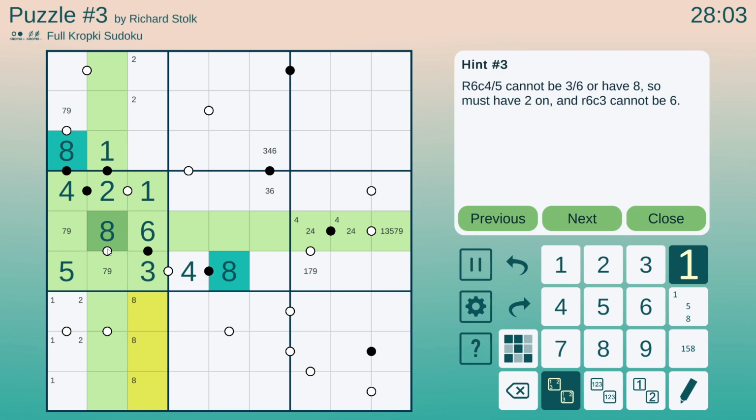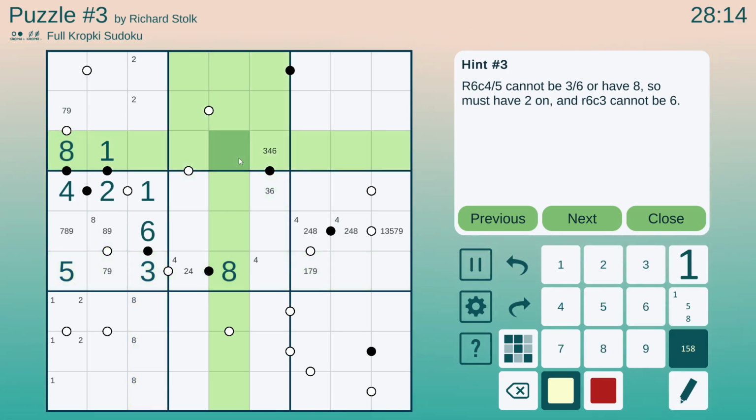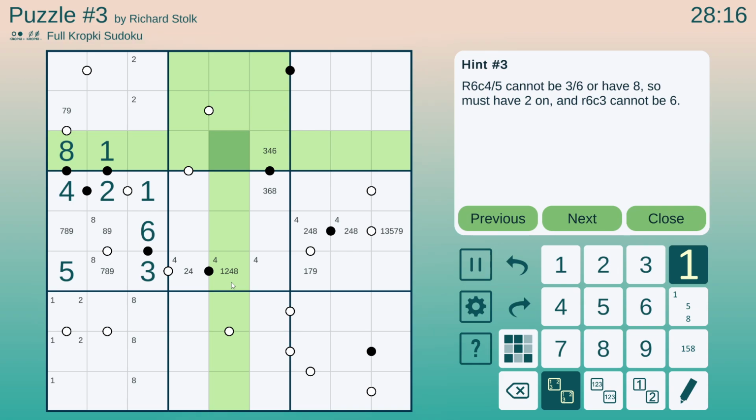So this cell can't be 8. Is that right? If this cell's 8, then this can't be 9 because it would force an 8 there. So this has to be the 8.